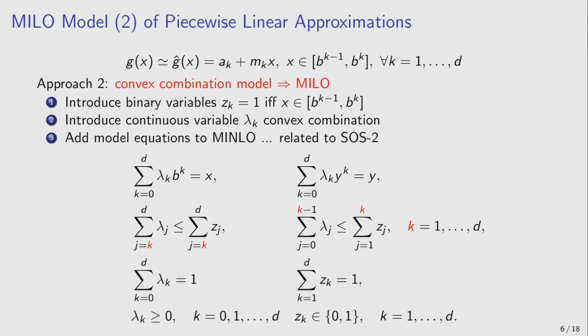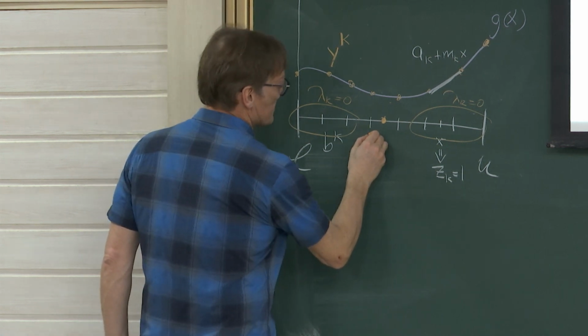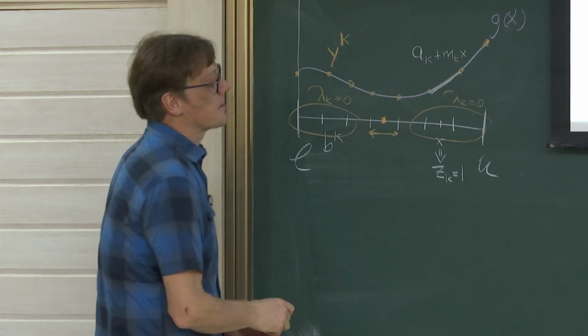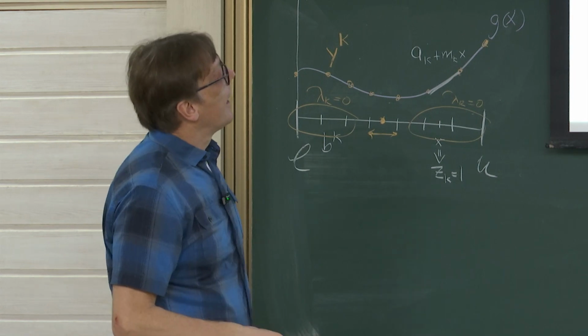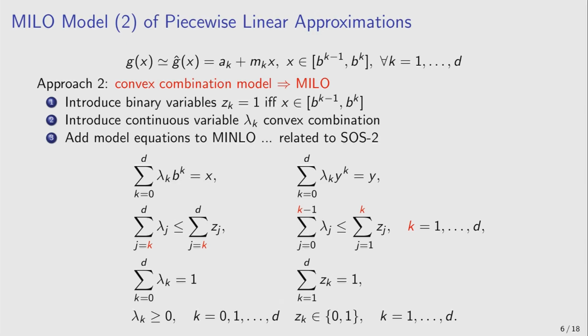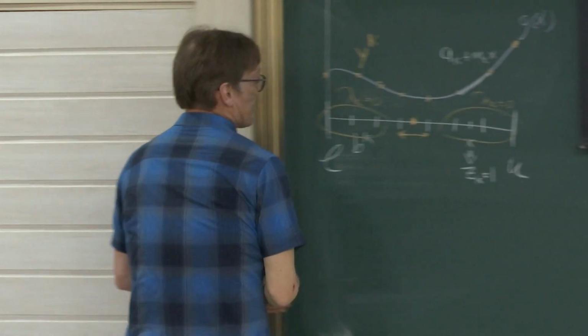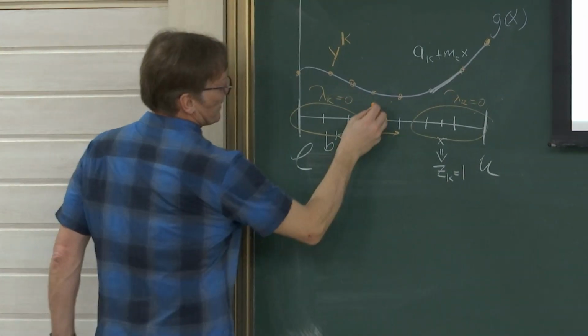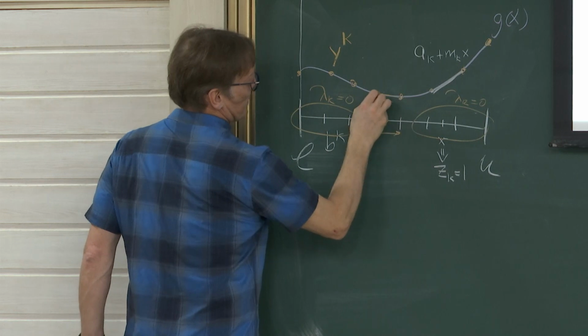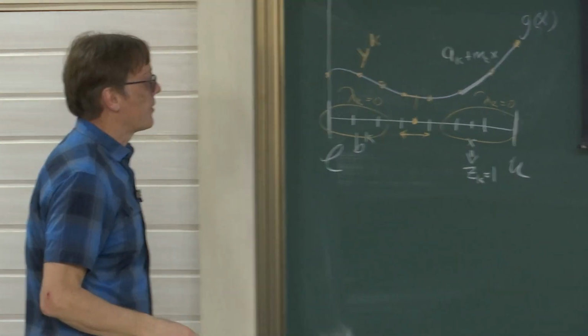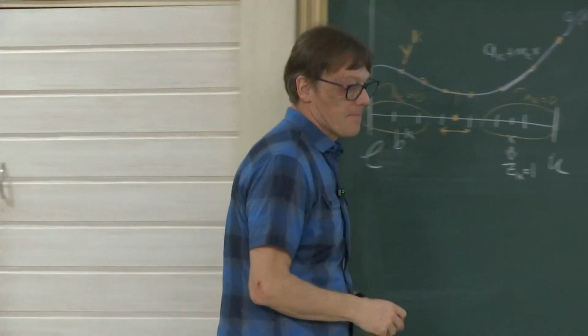And so when I write it as a convex combination, only these 2 are participating in my convex combination, which is what I want. And then if I do that, this constraint tells me that the y I get out, the function value, is a convex combination of the function values, my intercept values. So that's actually the right condition here. Because it's a linear function, you get the correct linear function value at that point.